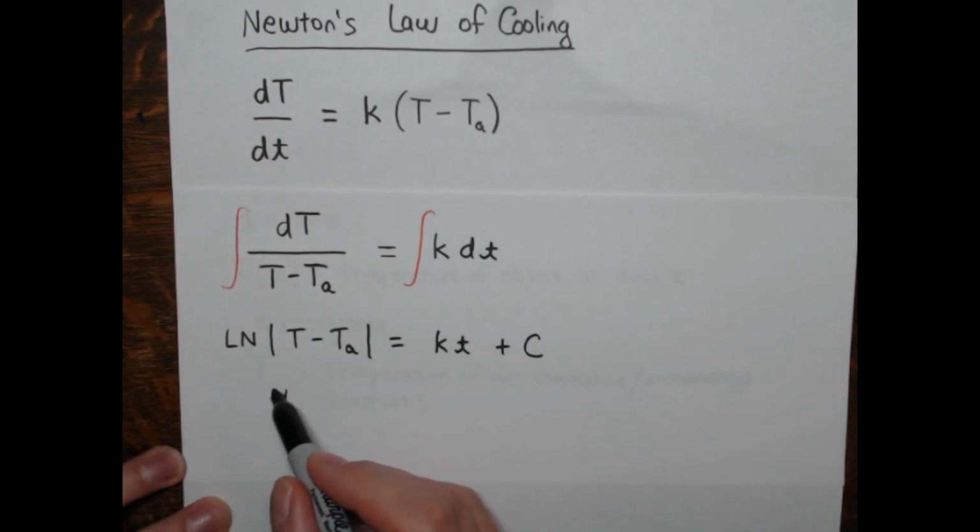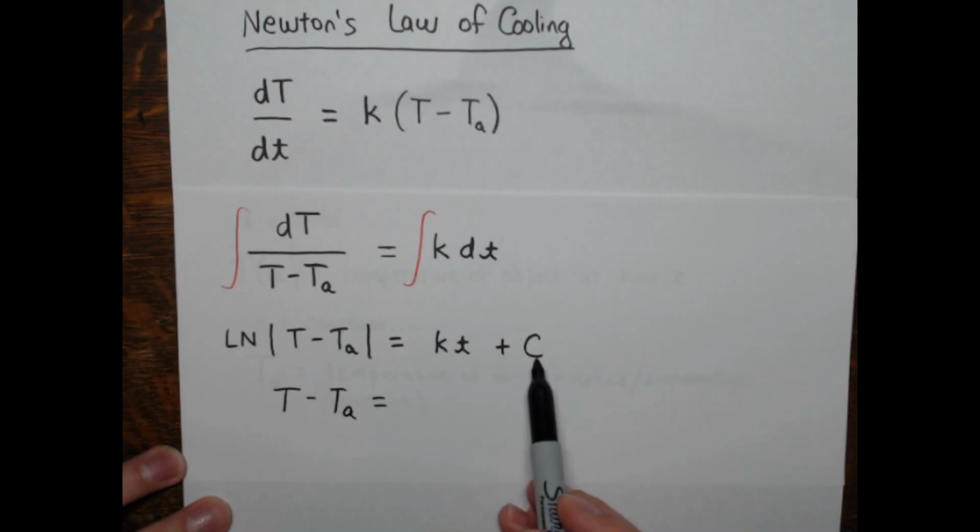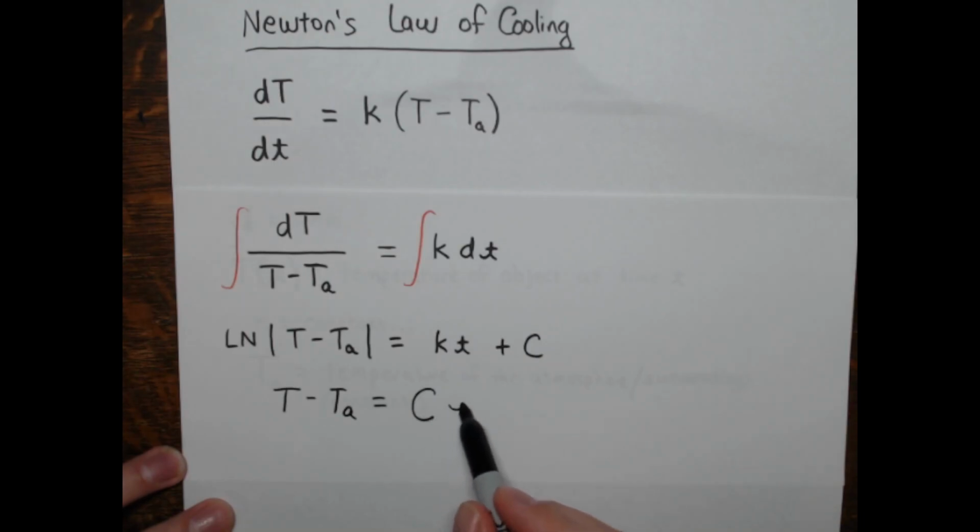Exponentiate. So you get capital T minus TA. Remember, when I do e to the kt plus c, e to the c is just a constant again. So that's some constant times e to the kt power. And then to solve for capital T, I add the temperature of the atmosphere.